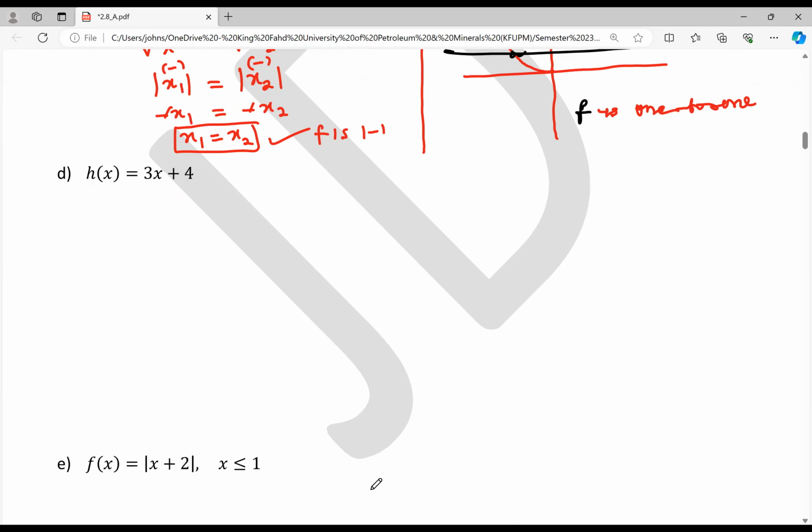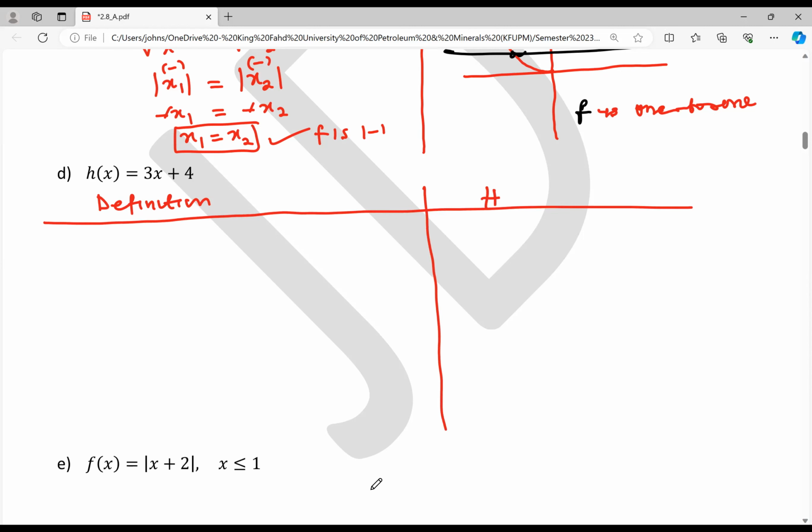We just need to assume that x1 and x2, so we're using the definition. So we assume again that f of x1 equals f of x2. And here we have to let x1 and x2 come from the domain of f.